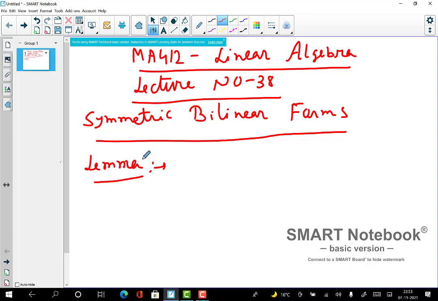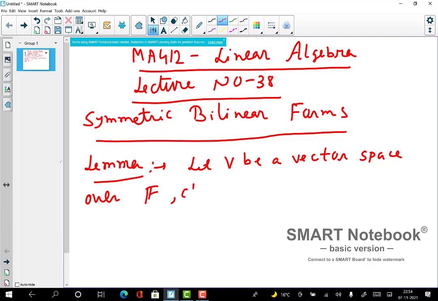So what does the lemma tell us? Suppose I have a bilinear form on a vector space whose characteristic is not equal to 2. So let V be a vector space over F such that the characteristic, I hope we already know the meaning of characteristic of a field, is not equal to 2.